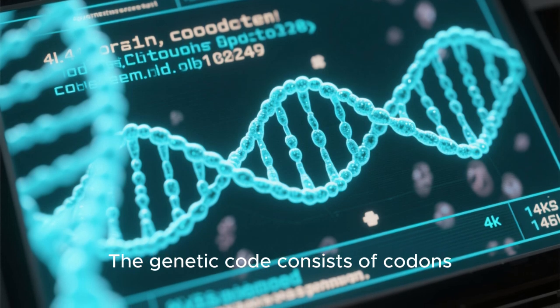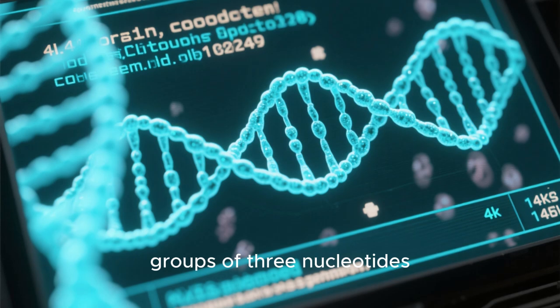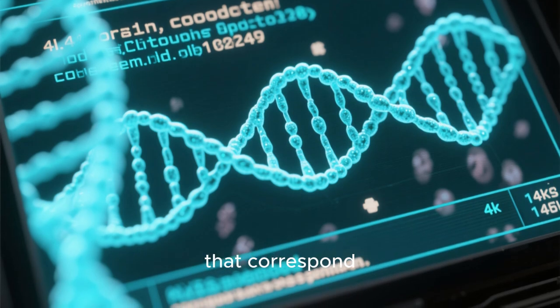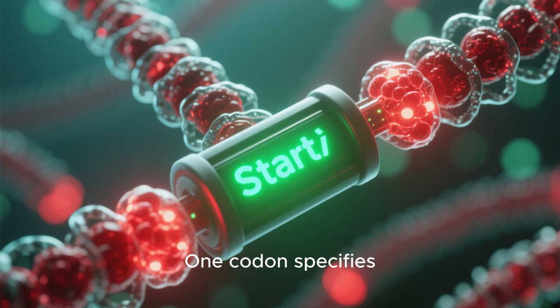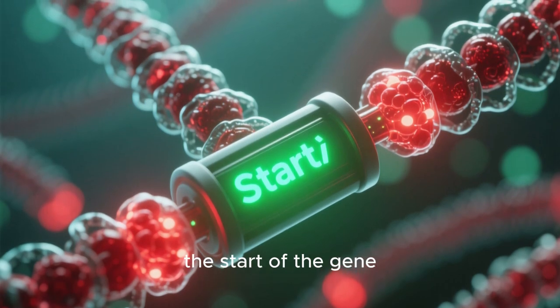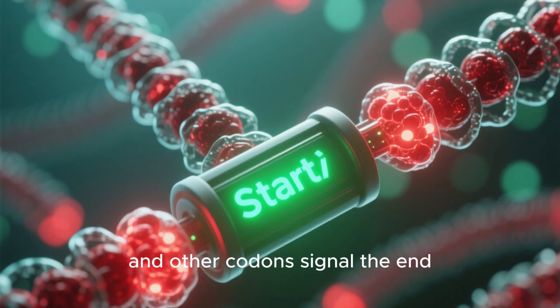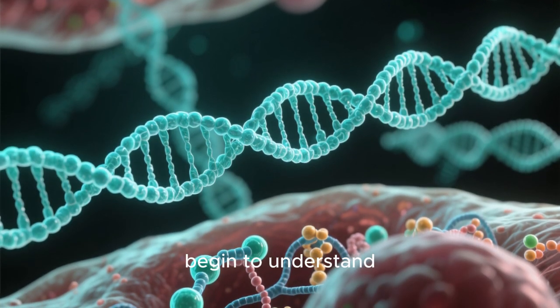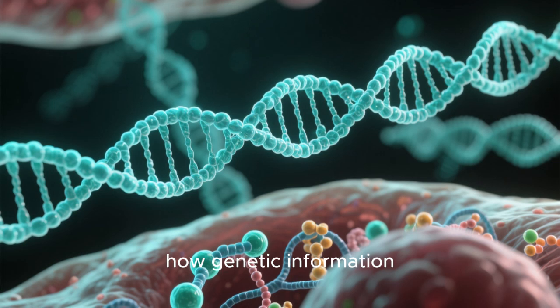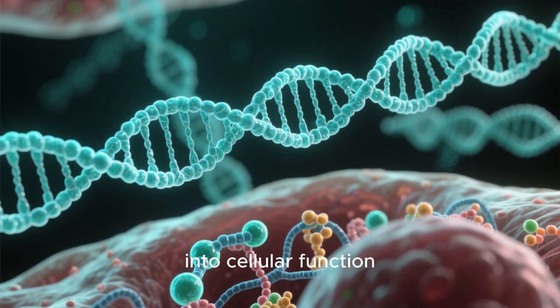The genetic code consists of codons, groups of 3 nucleotides that correspond to a specific amino acid. One codon specifies the start of the gene, and other codons signal the end. With this knowledge, scientists could finally begin to understand how genetic information is translated into cellular function.